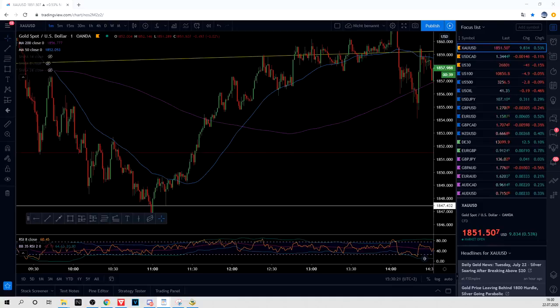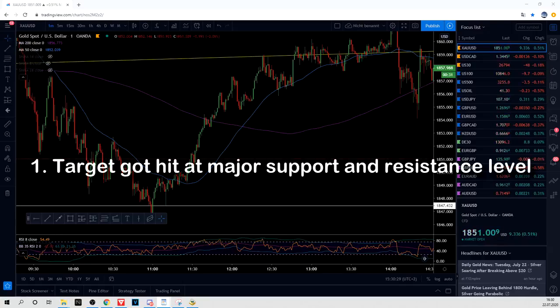So let's talk about 3 ways to scale out of a winning trade. The first one is when the target gets hit at a major support or resistance level. So you can bank part of your profits or all your profits at a significant level, or you can just bank a part of your profits and try to let some of your position run for bigger targets, okay?